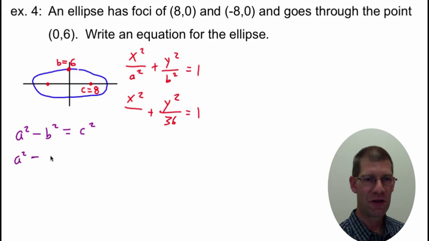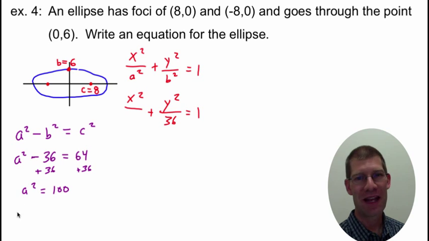B is 6, so we'd have 6 squared, or 36, equals c squared, so 8 squared is 64. Now if we want to find a squared, we add 36 to both sides. So a squared then equals 100.